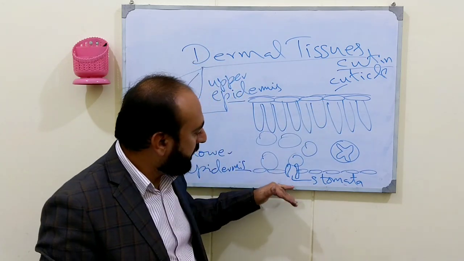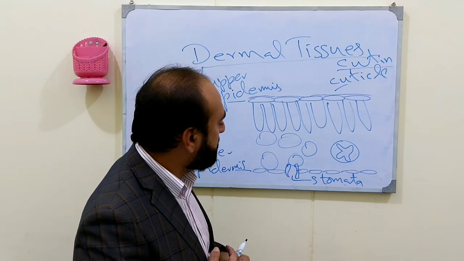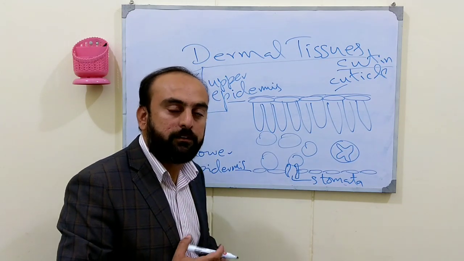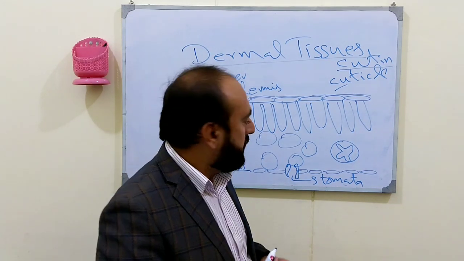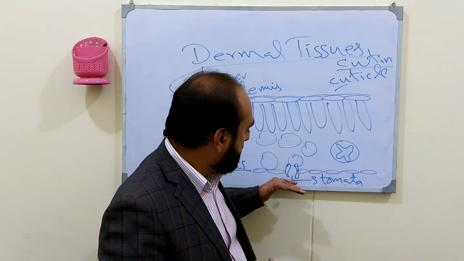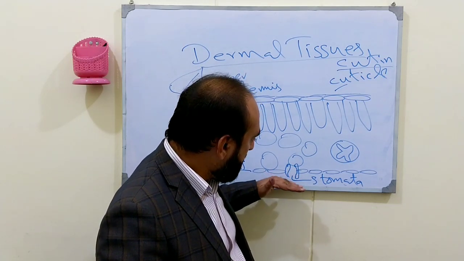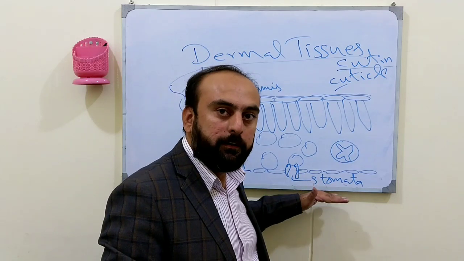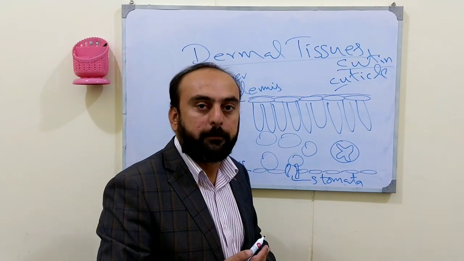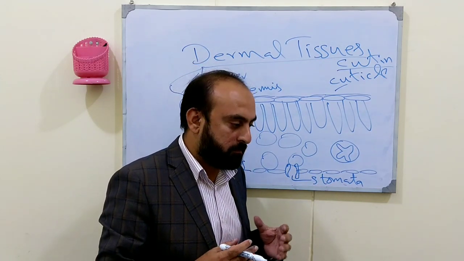And this has openings called stomata. These are the small openings which are highly regulated by plant. These stomata can be opened or can be closed depending on the soil environment.